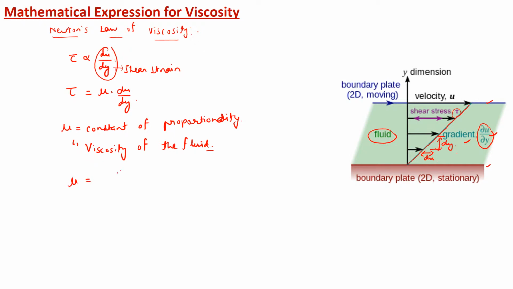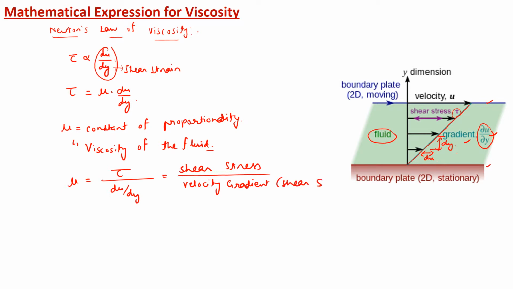So, viscosity can be determined by tau upon du by dy. That means shear stress upon velocity gradient or shear strain. Now let us talk about the units of viscosity.